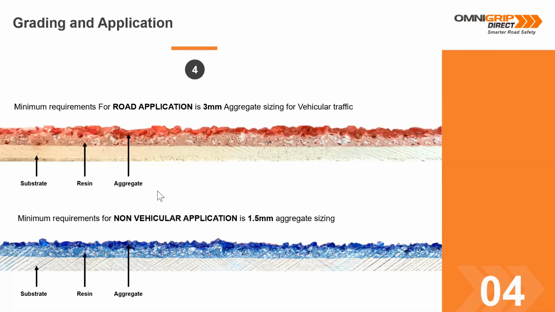Then we give it a bit of time to set, and that could be 2 to 3 hours in the warm summer days or nights, or up to 6 to 8 hours during the colder winter months. And so once that's set, our crew go out there and sweep the excess aggregate, and the road or the surface is ready to take on the traffic. So very, very simple installation method.